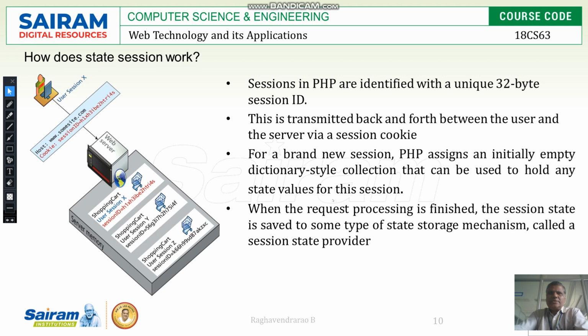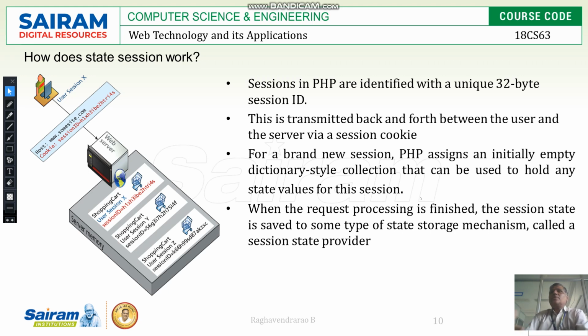Then for a brand new session, PHP assigns an initially empty dictionary-style collection, so that it can be used to hold any state value. Meaning, once a new session is freshly started, a session ID is assigned, and it is in the form of dictionary style. So for this, the value is going to be this one.